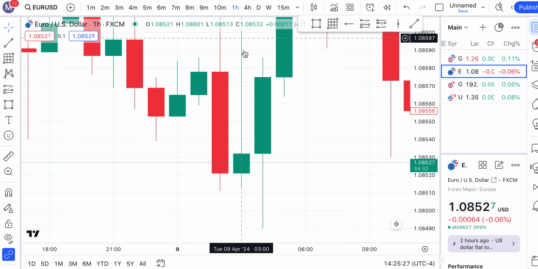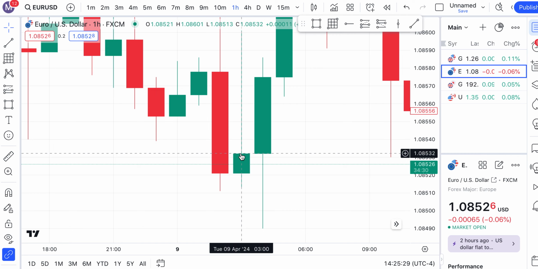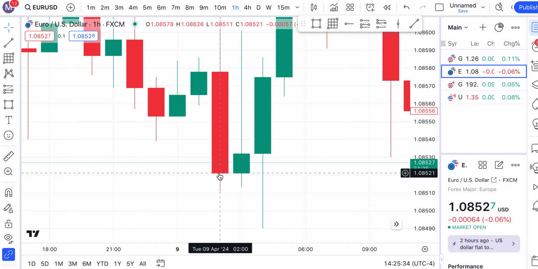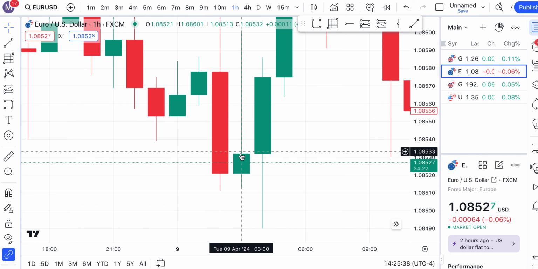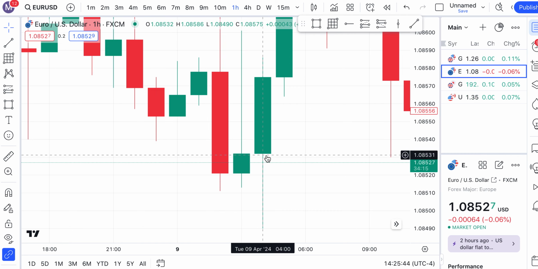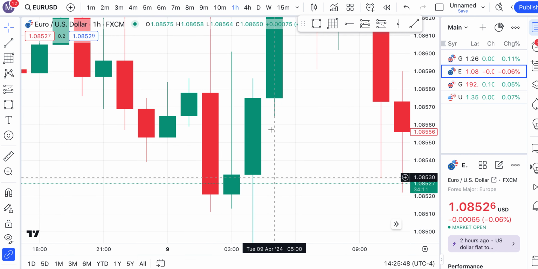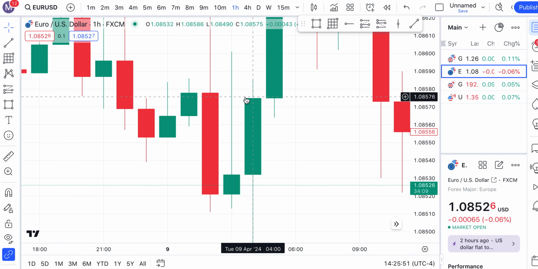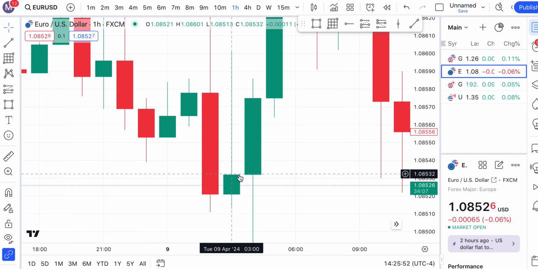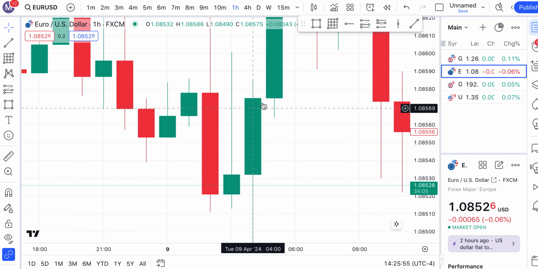Then look, it came all the way up here, but closed here. However, it closed above the close of the previous candle, which makes it a bullish candle. And this candle closed here, next candle opens at the same price, came down into this wick, came up, and we closed at the top of a rectangle, which is above the close of the previous candle, making it bullish again.